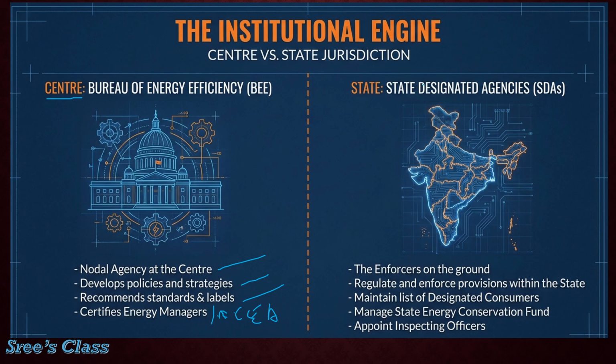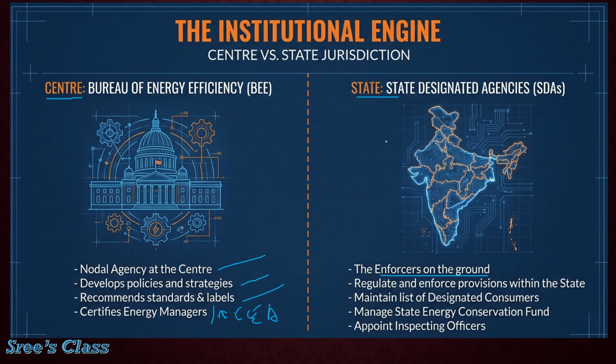Okay. Now, what is a state designated agency? There are state designated agencies for individual states, or sometimes for a group of states. This is for enforcement on the ground, because BEE officials cannot come to each and every state and enforce the laws and all those things.